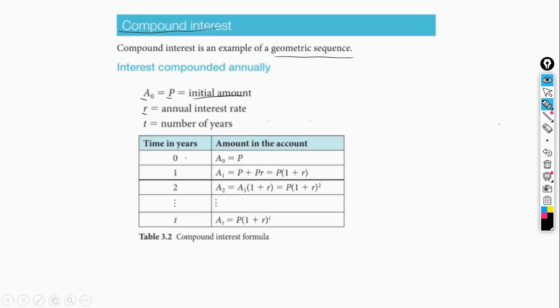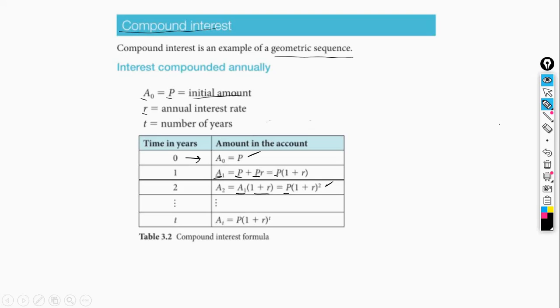So at time 0, you deposit the principal. After 1 year, this would be the second term, you would get the principal plus the principal times the interest rate. Or the principal times 1 plus the rate. The second year, you would get what you got the first year times 1 plus the rate, or the principal times 1 plus the rate squared, and so forth.